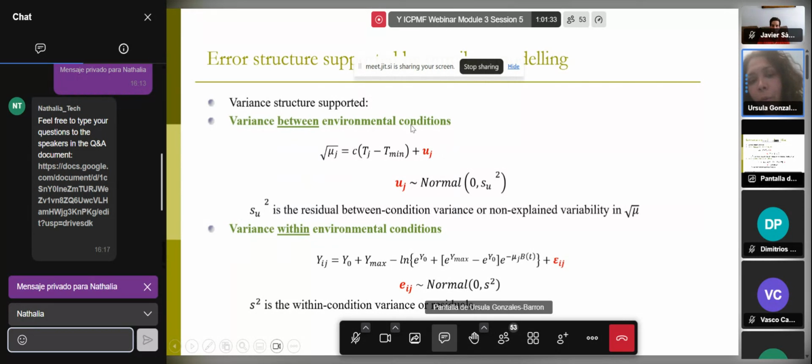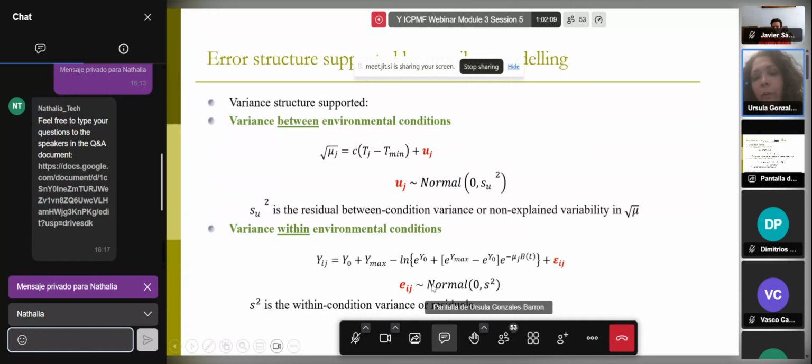Why? Because when you put this equation here, you have a deterministic part. So you have an equation that explains the difference, but there is some error associated. So there is some part that is unexplained. So you can call it residual between-condition variance or non-explained variability in the square root of mu max. But there is also variance within the environmental condition. The variance within the condition is the primary model.